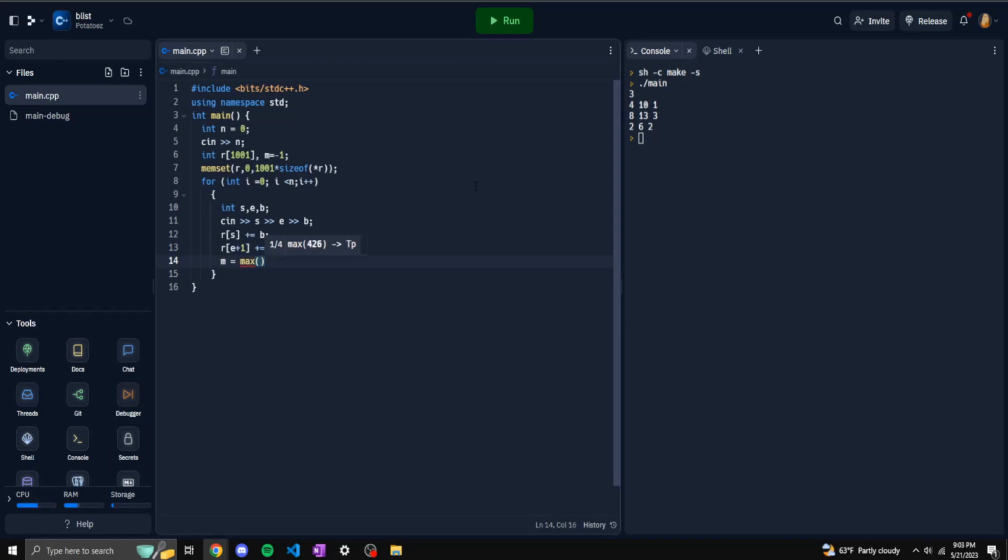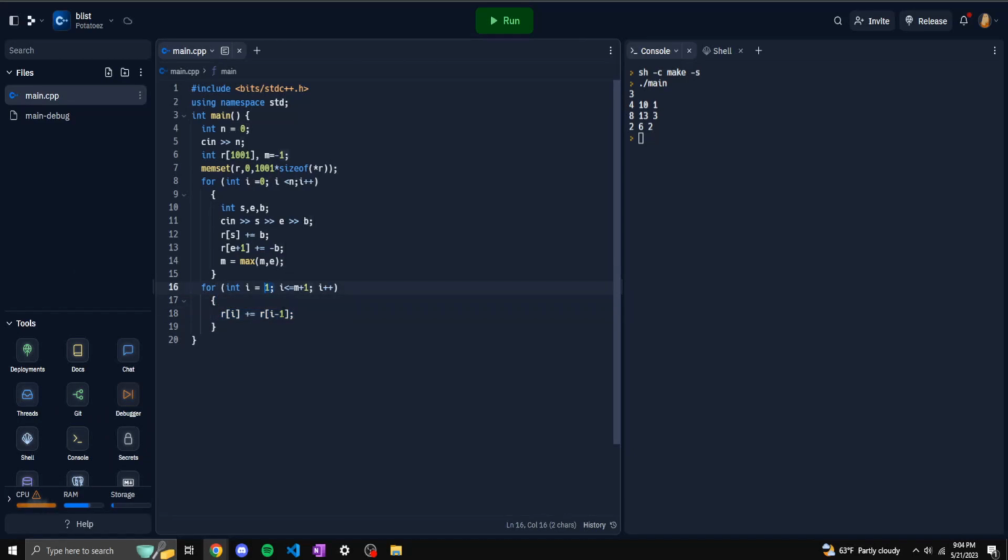And then again, this is really unnecessary, but I just did it to hopefully speed up the small test cases. So now all we have to do is our standard prefix sum, just do plus equals, where I would just add the ones before, and then I'll index it.